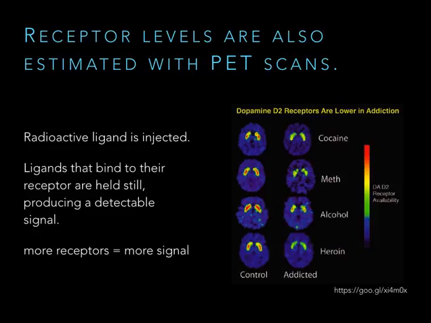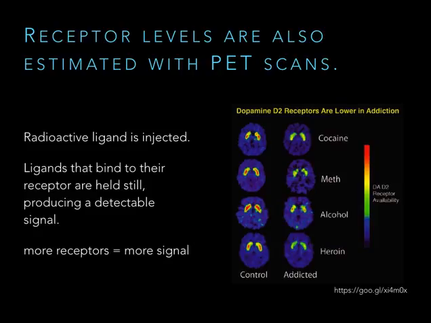So in order for this experiment to take place, what you have to do is have a radioactive version of some ligand, some molecule that will bind to your receptor of interest. In this case, they have a ligand that binds to D2 dopamine receptors. It's radioactive, so wherever it sticks, it's going to emit its radiation, which can be picked up in the PET scan.